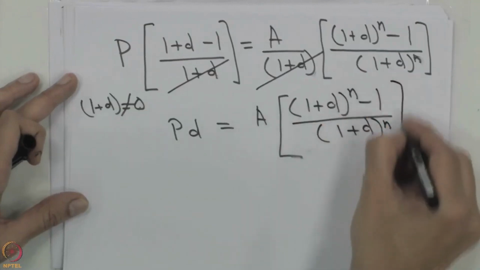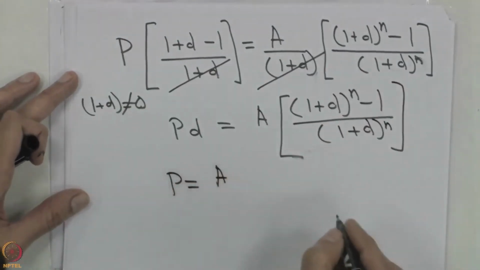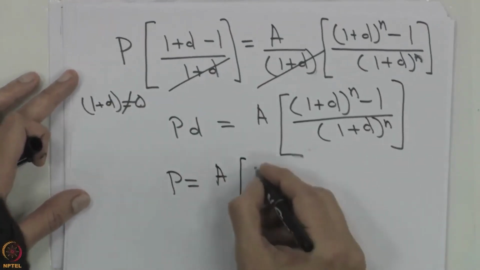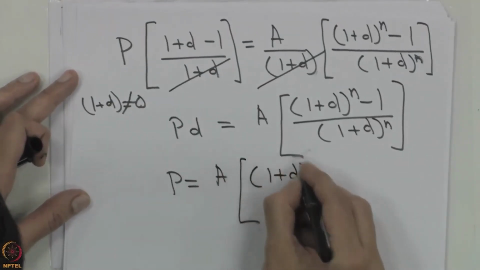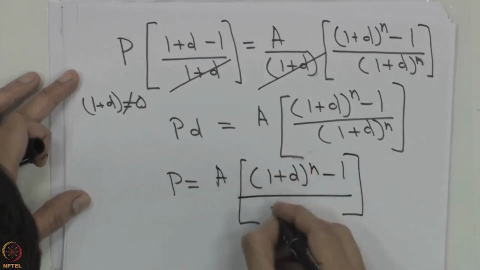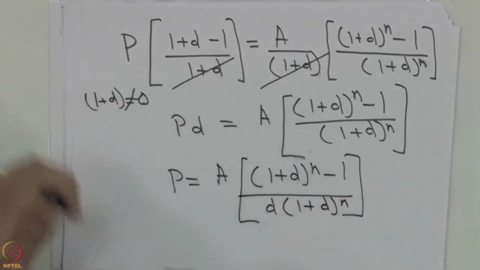divided by 1 plus D raised to n. So, P is equal to A into 1 plus D raised to n minus 1 divided by D into 1 plus D raised to n.